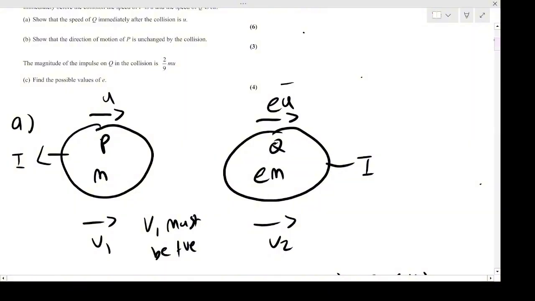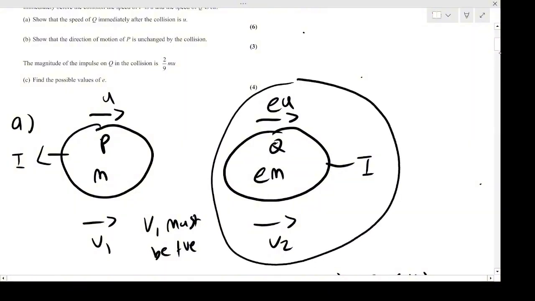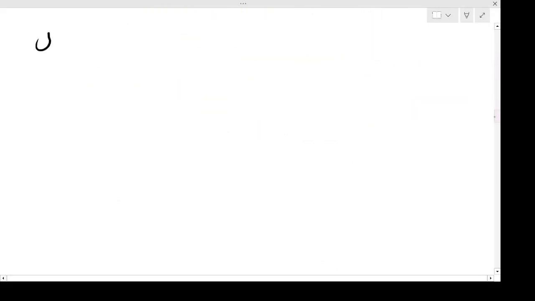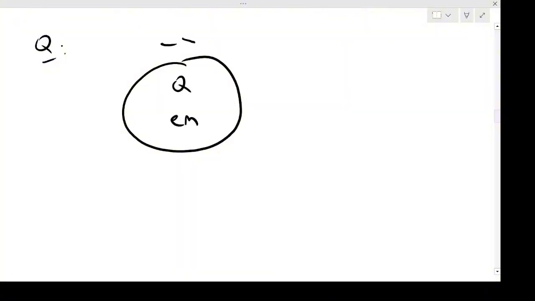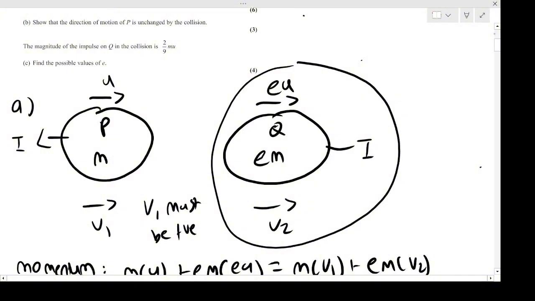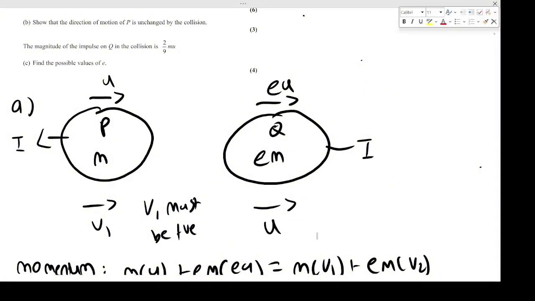So if I redraw Q out here, all I've done there is copy out the diagram for Q, and also V2 was u, so I can add that on. Okay, so I'm told the magnitude of the impulse is 2/9 mu.